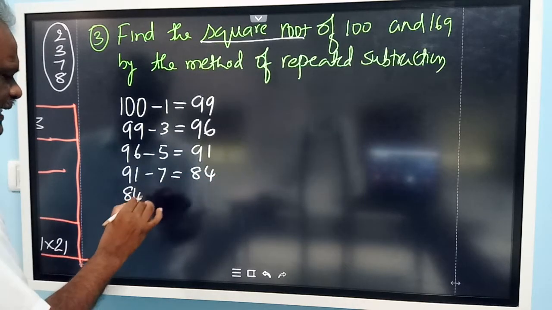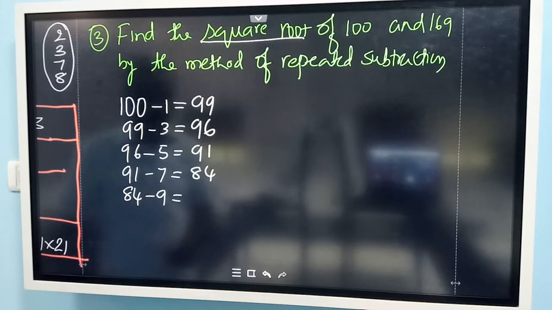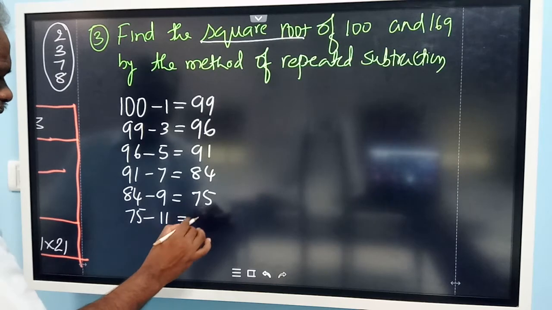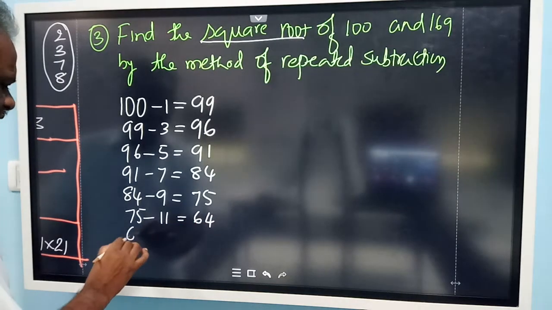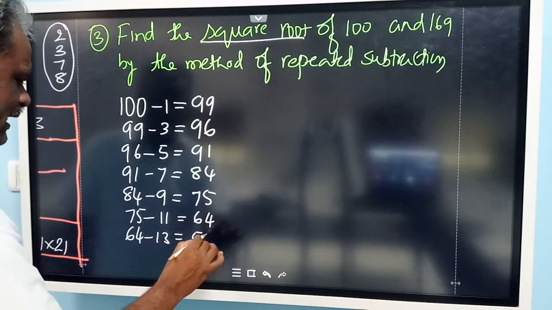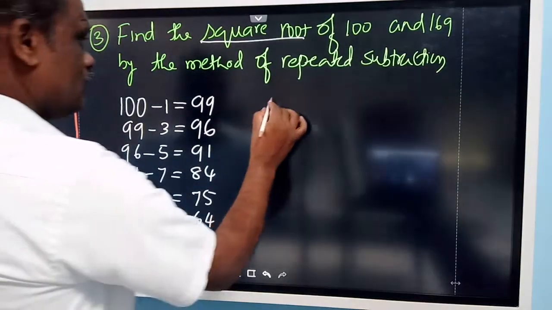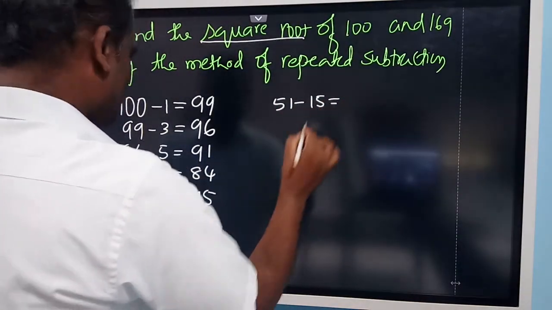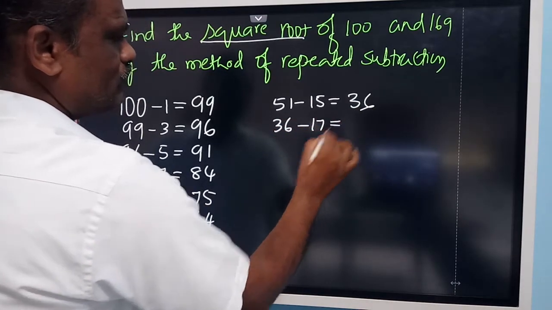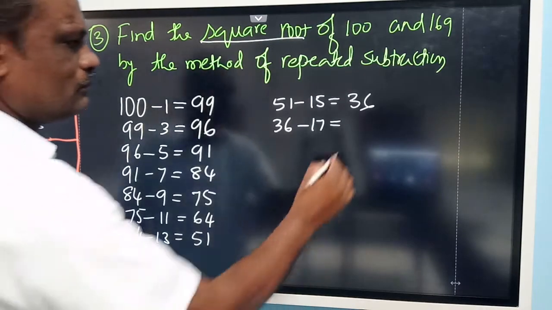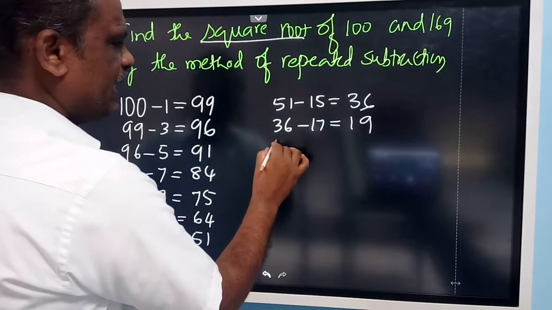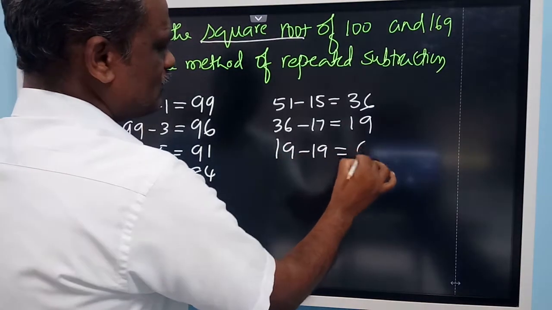Then 84 minus 9, 75. 75 minus 11, 64. 64 minus 13, 51. 51 minus 15 is equal to 36. 36 minus 17 is equal to 19. Then 19 minus 19 is equal to 0.